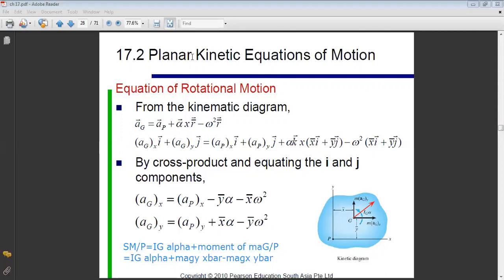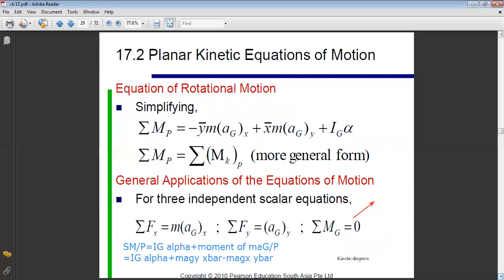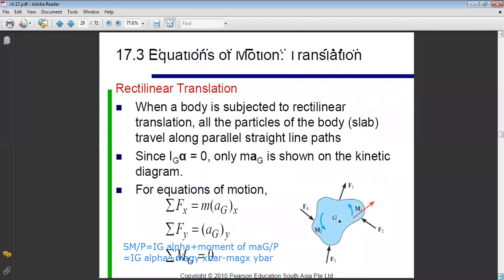Okay, so let us continue. So now we have developed a general relation to find sum of moment about any point. Now we will start to consider particular cases. The first particular case is translation. In case of translation, angular velocity omega is 0 and angular acceleration alpha is 0.